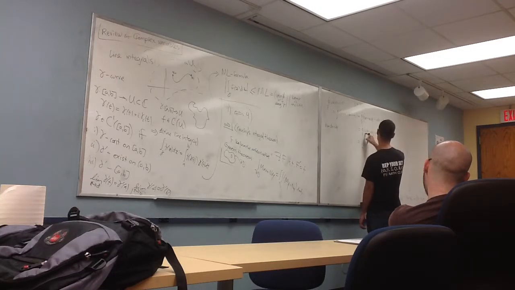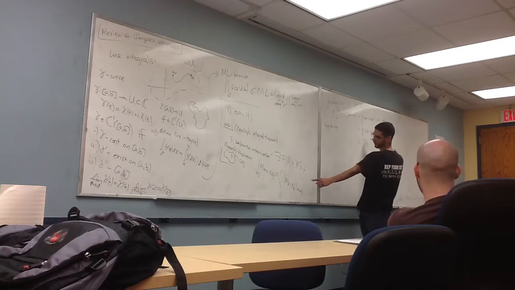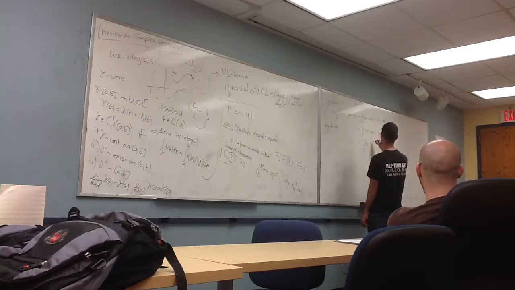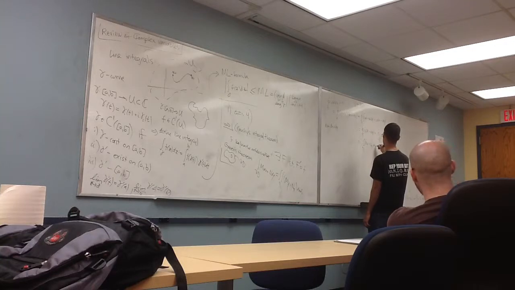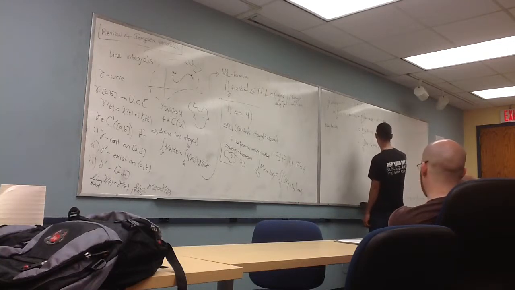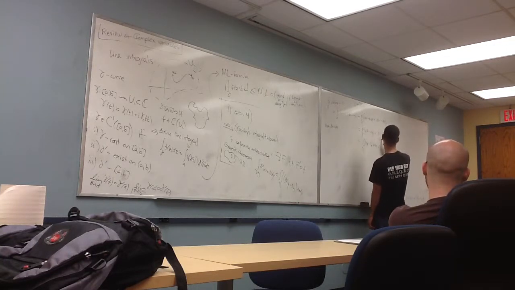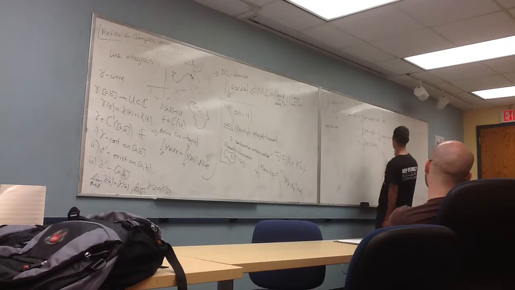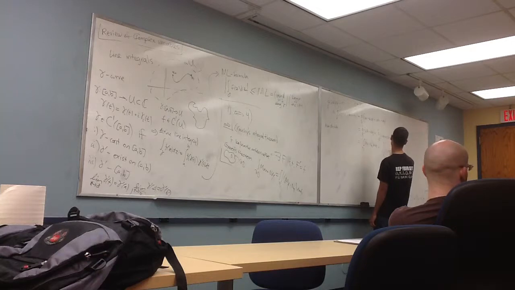So we're going to get u_y minus v_x dx dy, plus i times the double integral over the domain of u_x minus v_y dx dy.